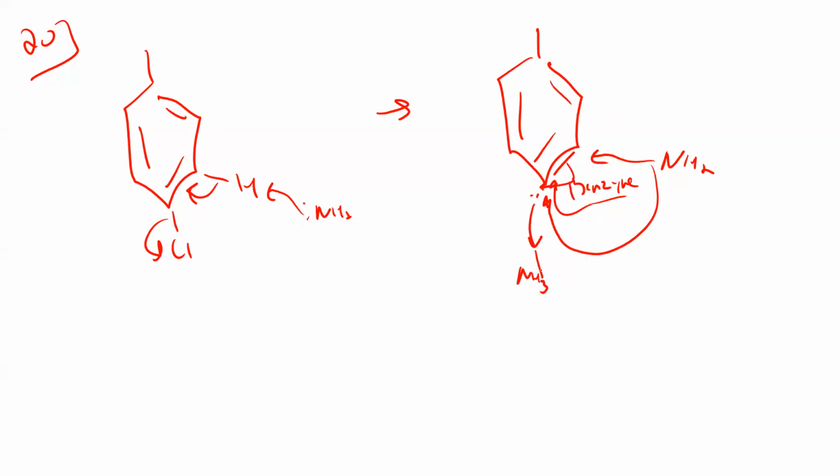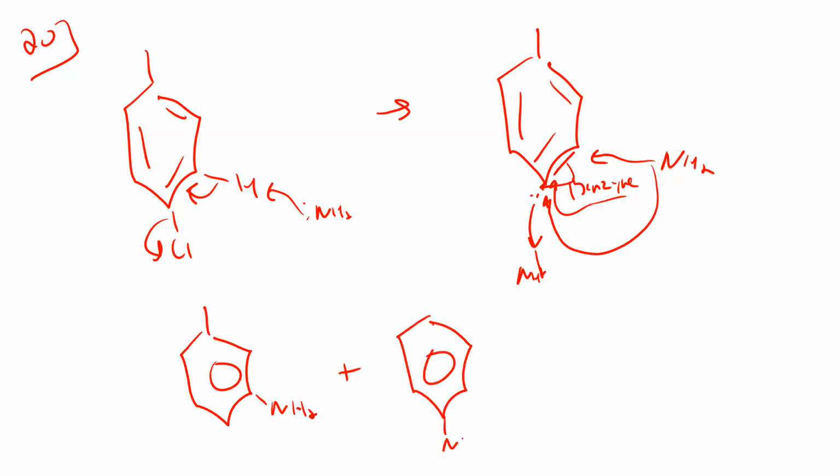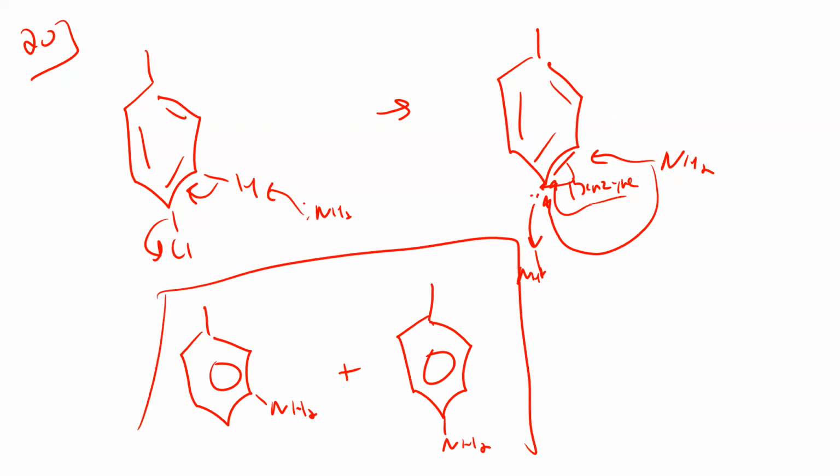So that's how it gets reprotonated. So we have two products, and these are your two products. That's question 20.